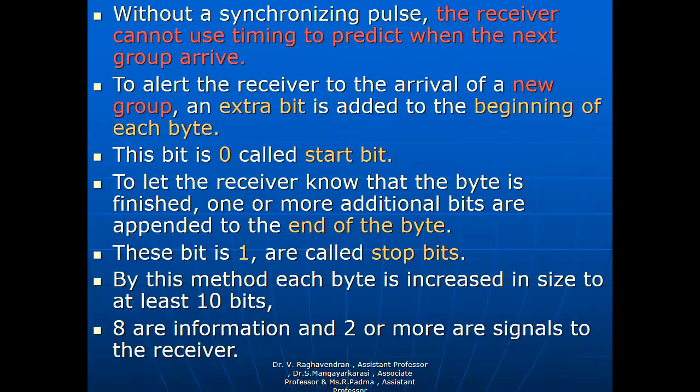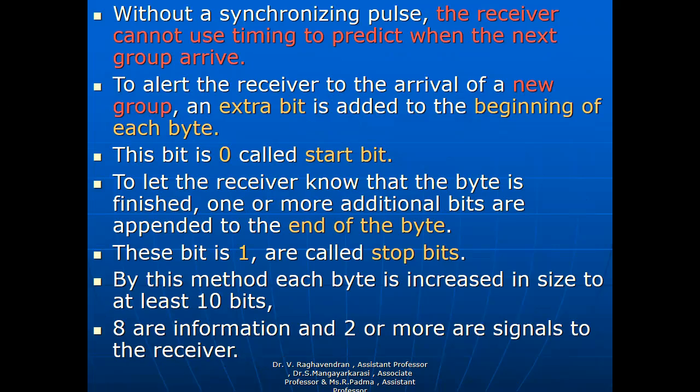Without a synchronization pulse, the receiver cannot use timing to predict when the next group will arrive. To alert the receiver to the arrival of a new group, an extra bit is added to the beginning of each byte. This bit is 0, called the start bit, to let the receiver know where the byte begins.